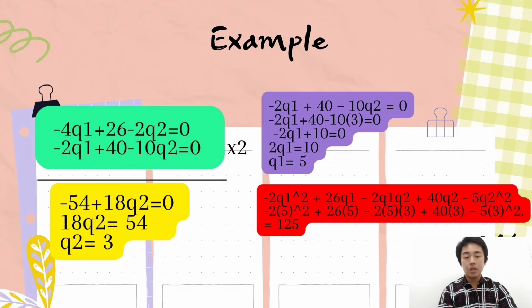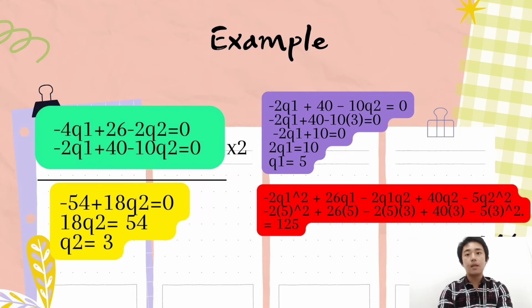So the profit will reach the maximum if Q1 is 5 and Q2 is 3. To find the value of the maximum profit, we can input Q1 and Q2 into the profit function, if you remember. It is negative 2Q1 squared plus 26Q1 minus 2Q1 times Q2 plus 40Q2 minus 5Q2 squared.